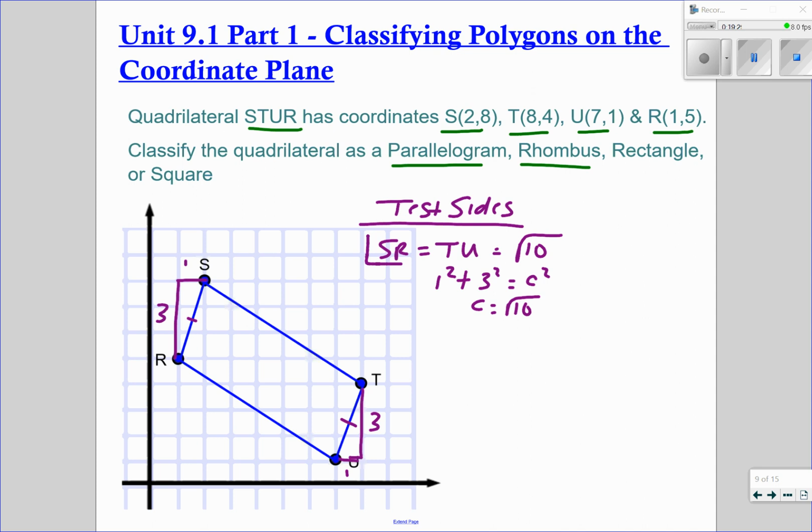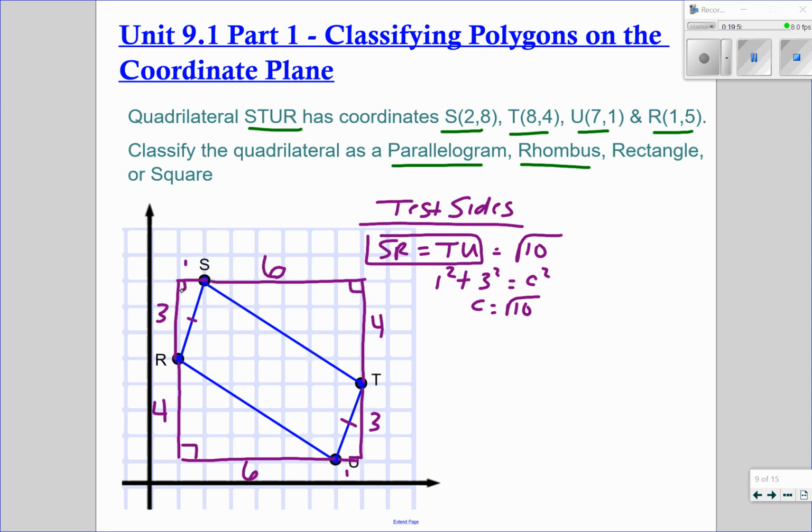And I know that SR is going to be congruent to TU. If I check another pair of sides, so if I make this triangle, I'm going to have a 4 by 6 sided triangle. If I do my right triangle from these 2 points, from R to U, I have, oh looky there, a 4 by 6 triangle also.